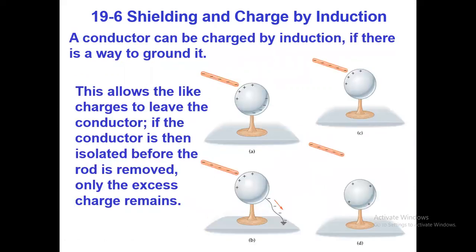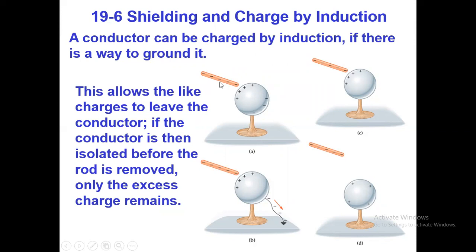Now, the next aspect: a conductor can be charged by induction if there is a way to ground it. This allows the like charges to leave the conductor. If the conductor is isolated before the rod is removed, only the excess charge remains.